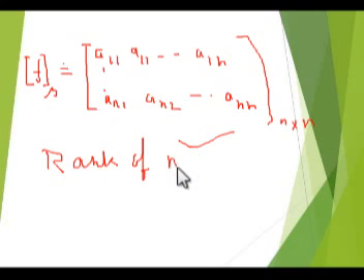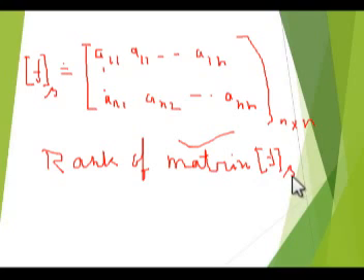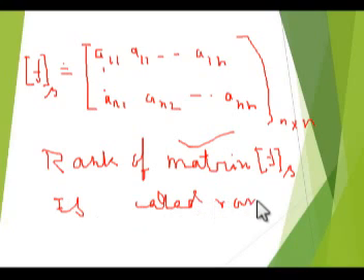The rank of the matrix A induced by the ordered basis beta is equal to the rank of the bilinear map.